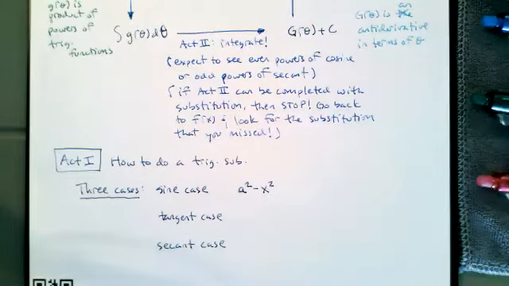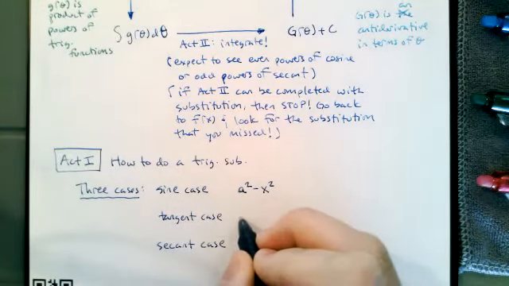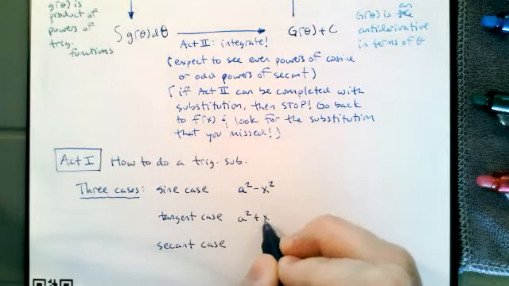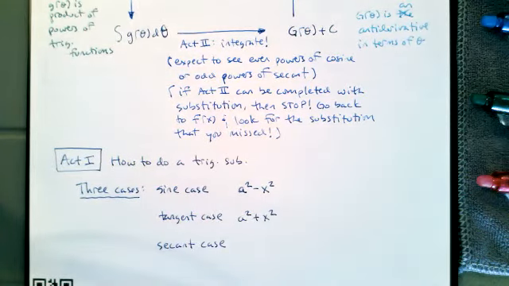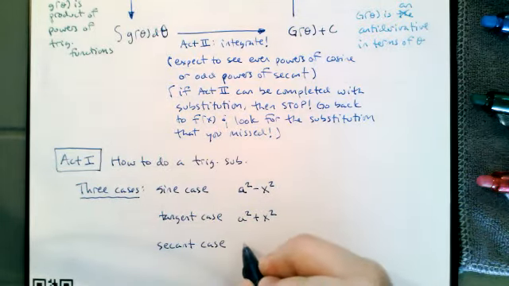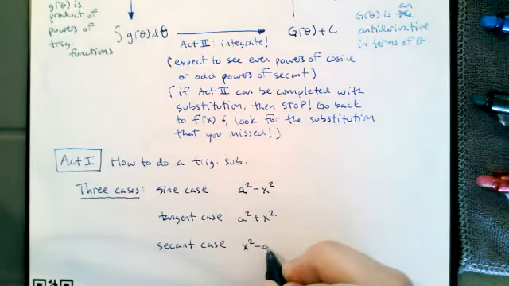The tangent case is when you see a quadratic of the form a squared plus x squared. The secant case is the other one, x squared minus a squared.